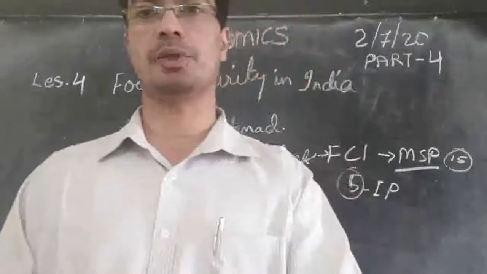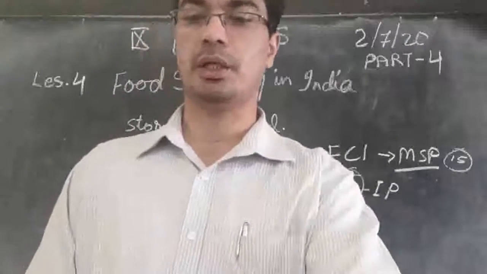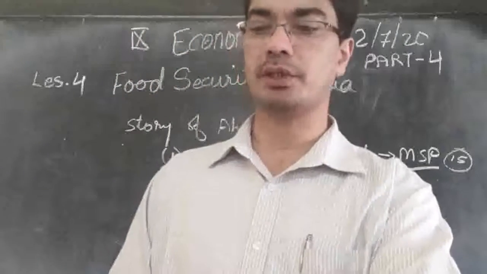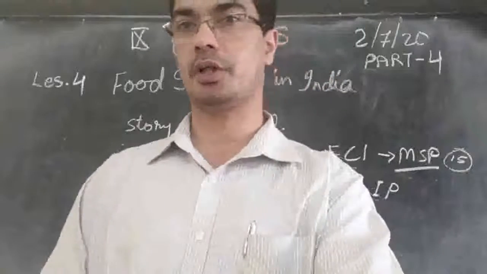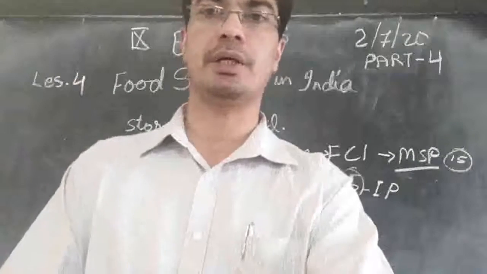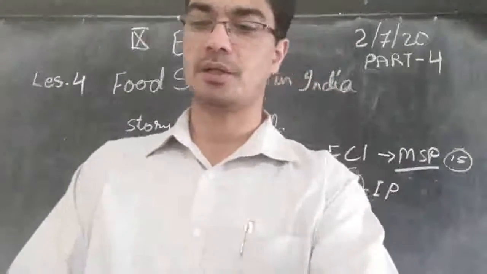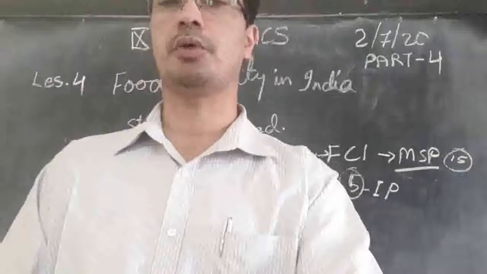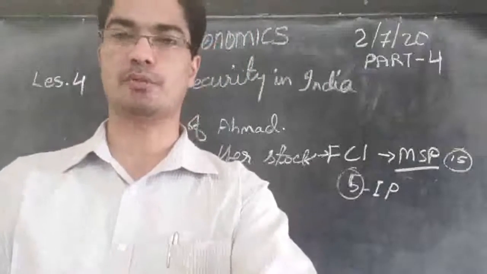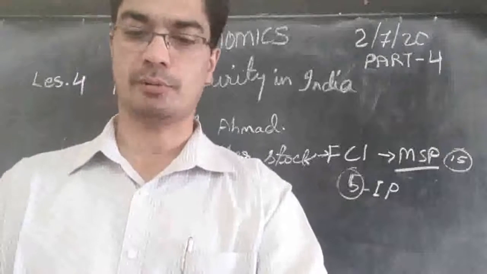So government started this program in 2004 in 150 most backward districts of our country. So government chose the most backward areas of our country. 150 districts were selected. Then what did the government do? Government will provide wage employment, or will supply food for employment.